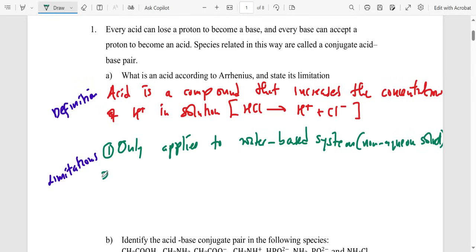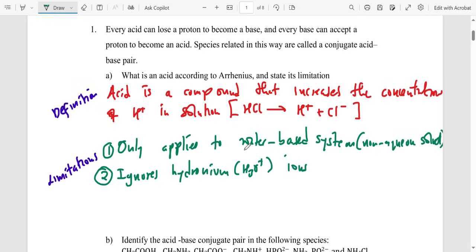The second limitation of the Arrhenius definition is that it ignores hydronium. Hope we know what hydronium is. Hydronium is H3O plus.